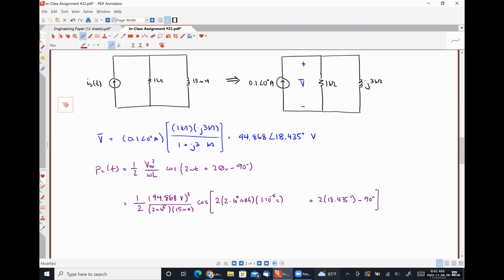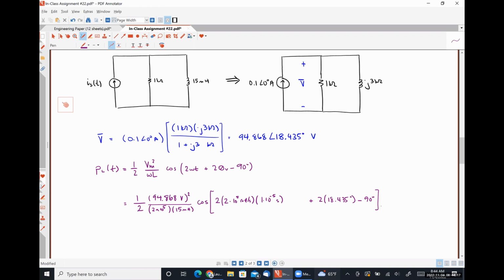So the most common mistake that I see you guys make is, since we're evaluating this at a very specific instant in time, 2 times omega times t gives us an angle in radians. Our phase angles are all in terms of degrees. If we do not convert one of those into the other one, we are not doing our cosine evaluation correctly.